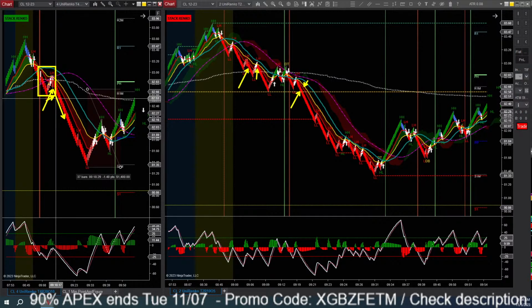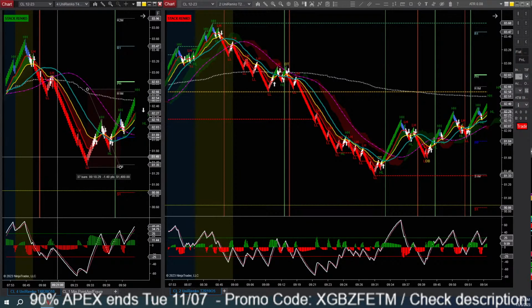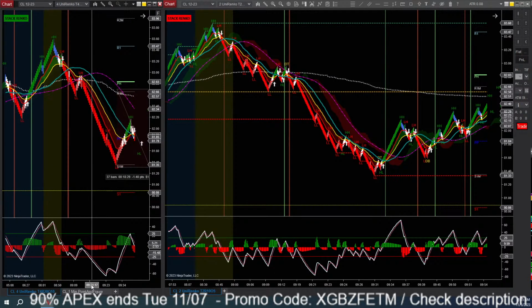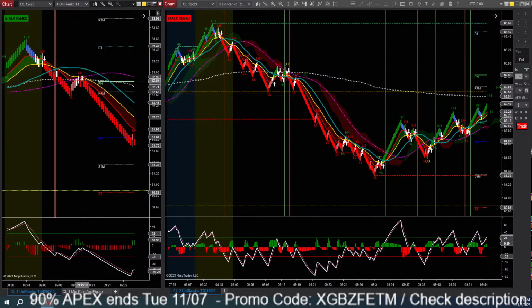So the importance of this is that you do have all of this congestion where in your anchor chart, it's not really clear that you are going to go below those prices until, I would say, this point right there.